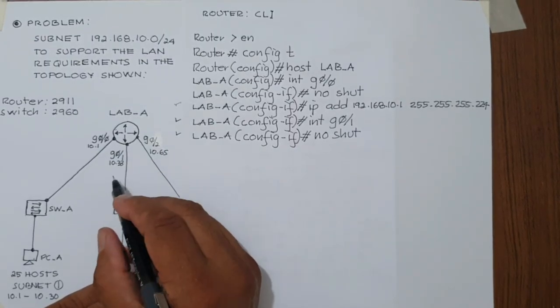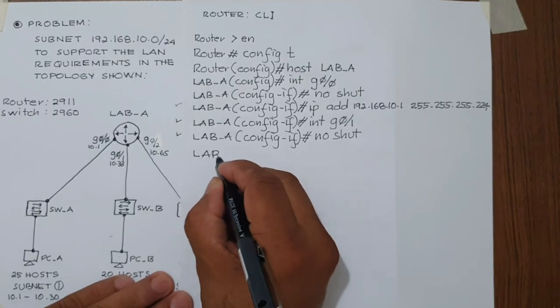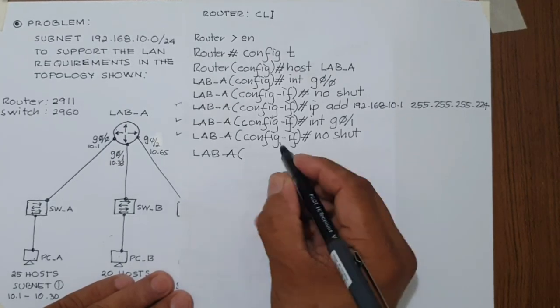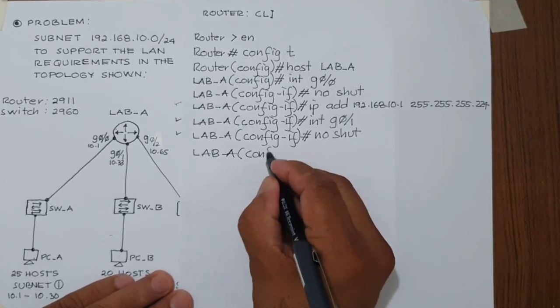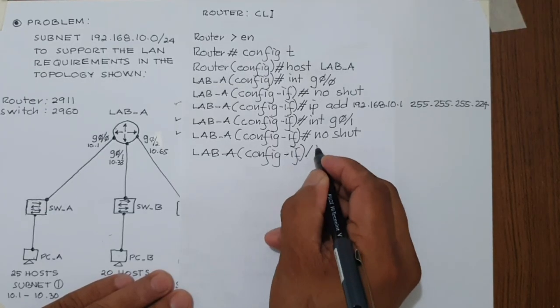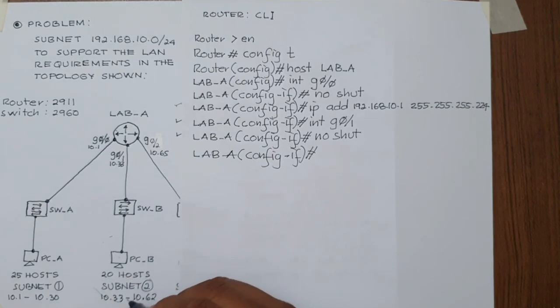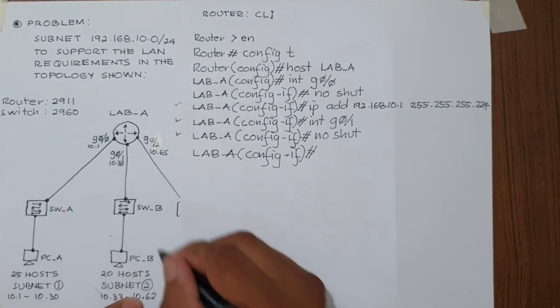This will turn green, and then we assign an IP address to it, and the IP address allotted to this interface is 10.33. That will be the default gateway of the network of the hosts here.